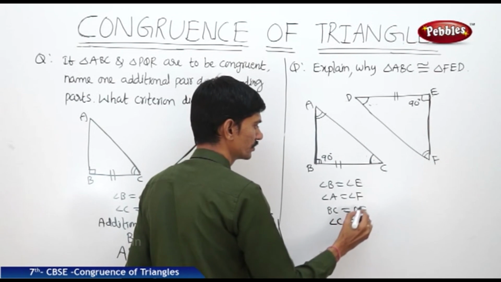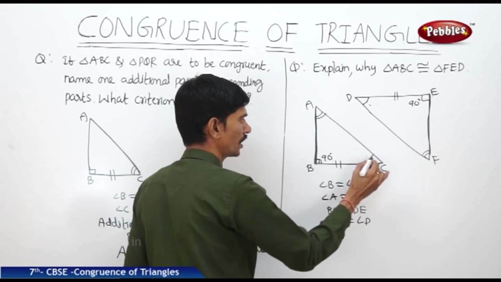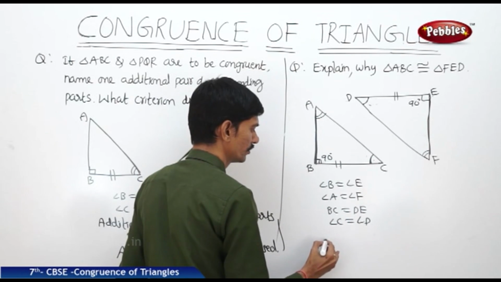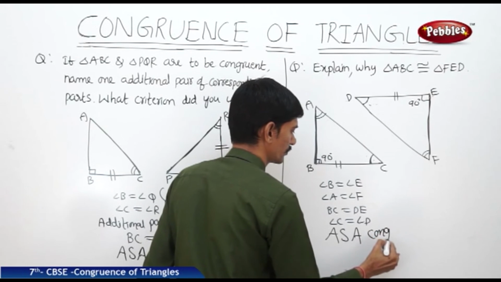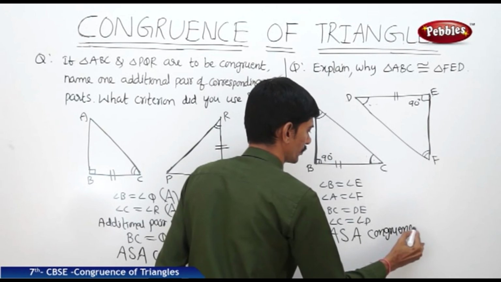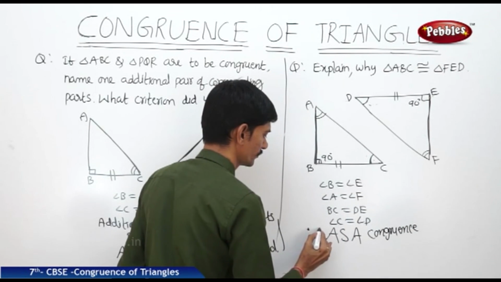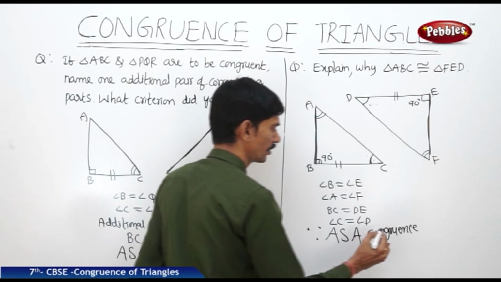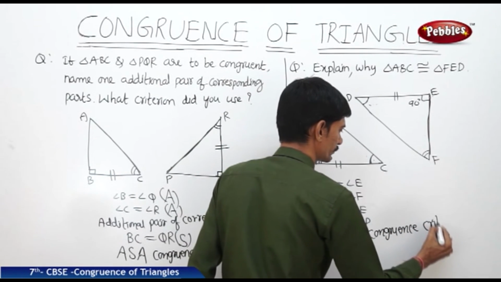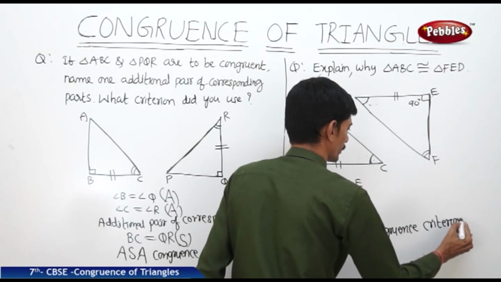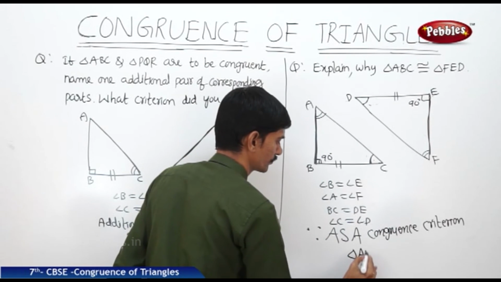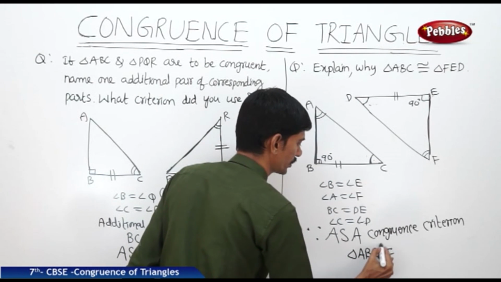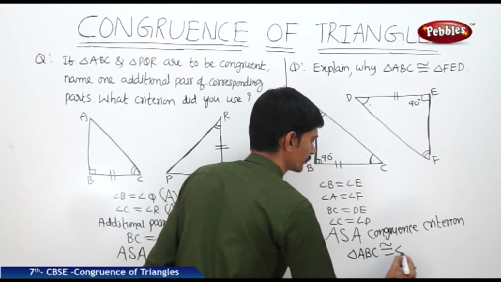So it means that here angle C equals angle D. Now we can use the angle side angle congruence criterion. So by the ASA congruence criterion, triangle ABC is congruent to triangle FED.